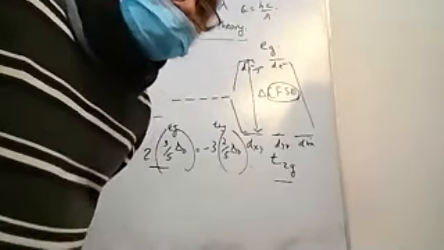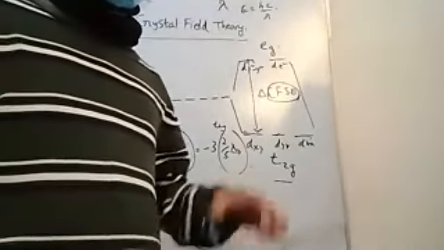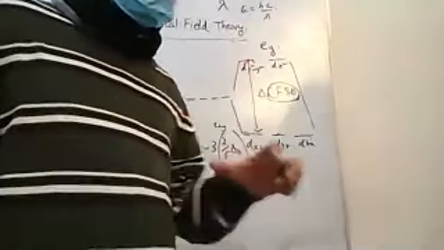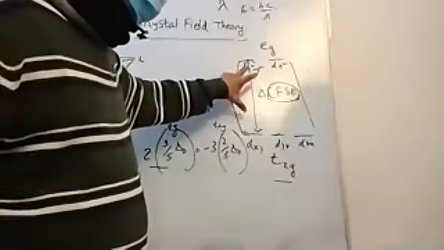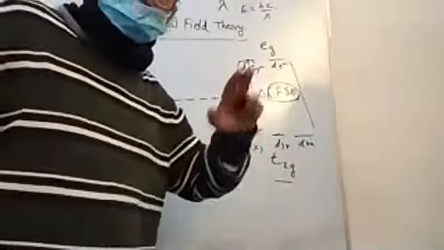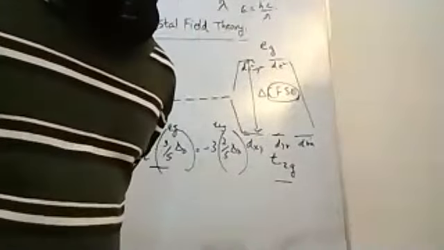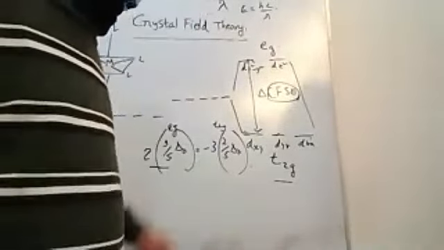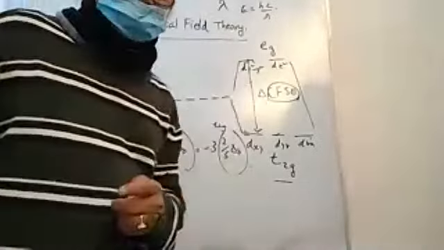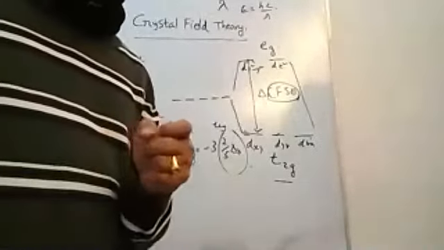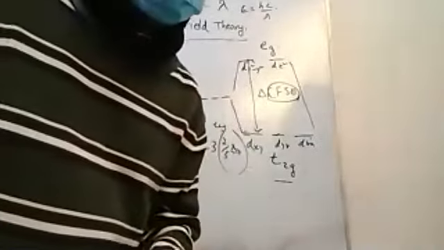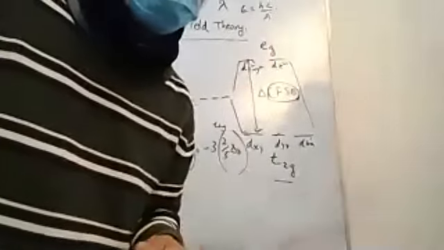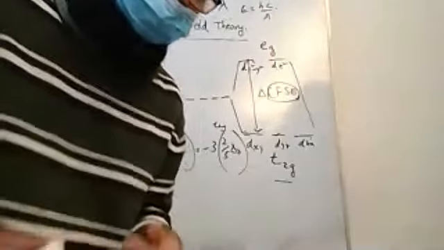So you can classify ligands based on their ability to create a splitting between the T2g and the Eg orbitals. Okay, so let's see how this scheme now allows us to calculate the unpaired electrons and the location of the unpaired electrons in the coordination complexes.